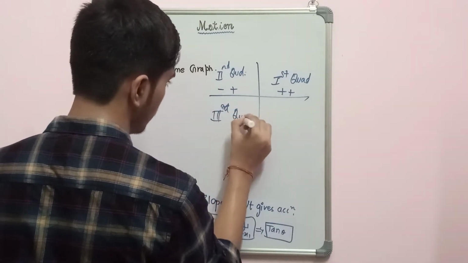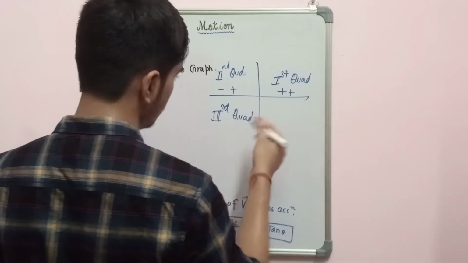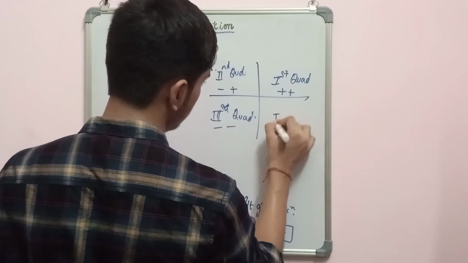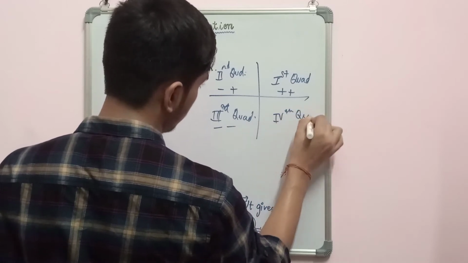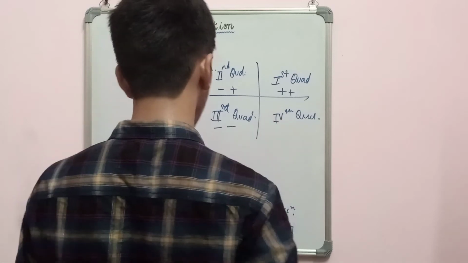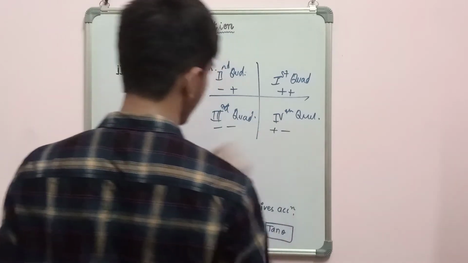This is the third quadrant, in which both x is negative and y is negative. And this is the fourth quadrant, where x is positive and y is negative.